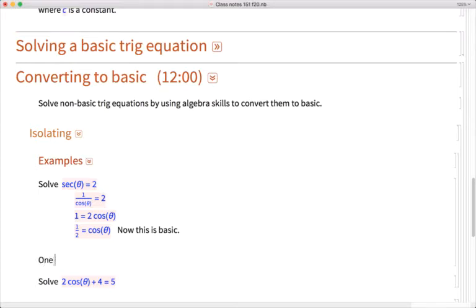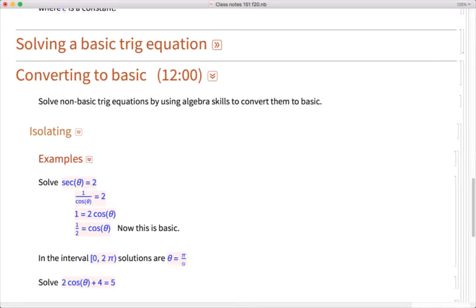So in the interval 0 to 2 pi, we are looking for where the cosine is equal to 1/2. Again, we're drawing on our unit circle experience. We want the cosine to be positive, but a fairly small value, that occurs at pi over 3.